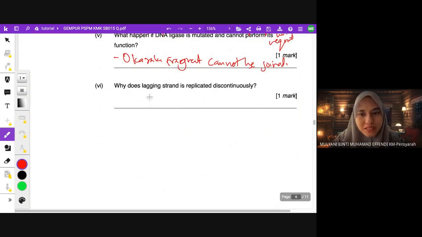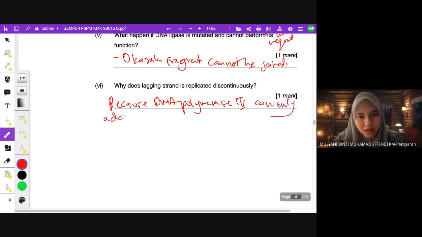Okay. Why does lagging strand is replicated discontinuously? Yang ini because DNA polymerase 3 can only add DNA nucleotide at 3' end of growing strand ataupun new strand.